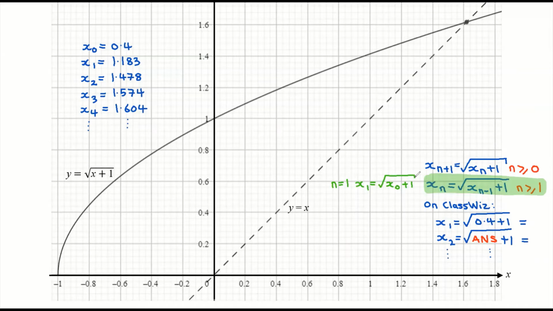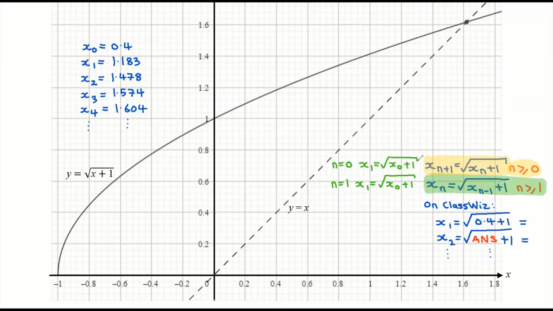Where the mistake crept in was that I said an iterative formula defined as the one above, where you have xn plus 1 and xn, would be valid for n is greater than or equal to 0. If you sub n equals 0 in for this, you're going to get x1 again is equal to the square root of x0 plus 1.